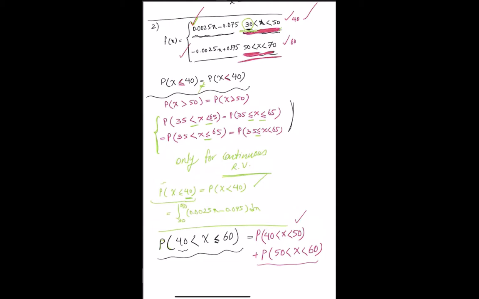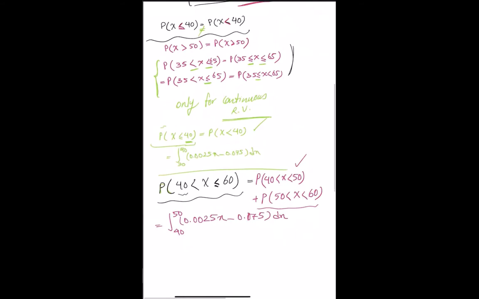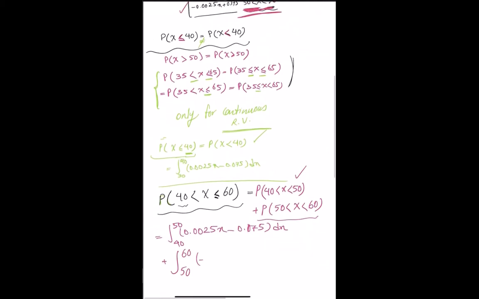So for the first part, this is the probability of x between 40 to 50, the first function, which is 0.0025 x minus, plus this is the second function.